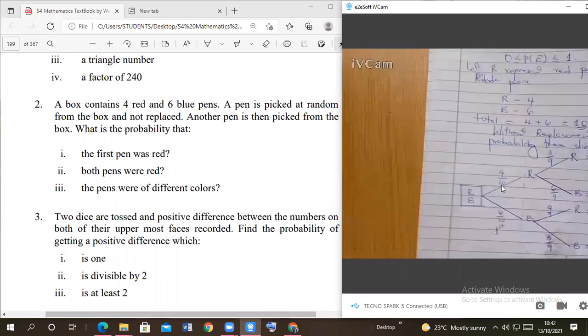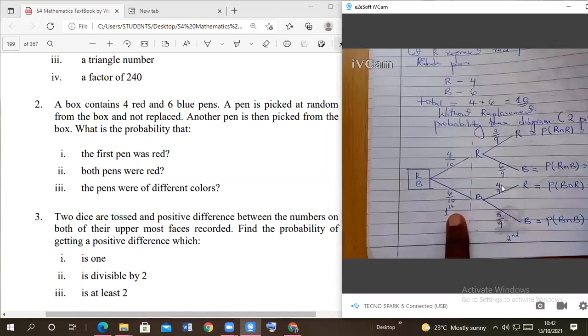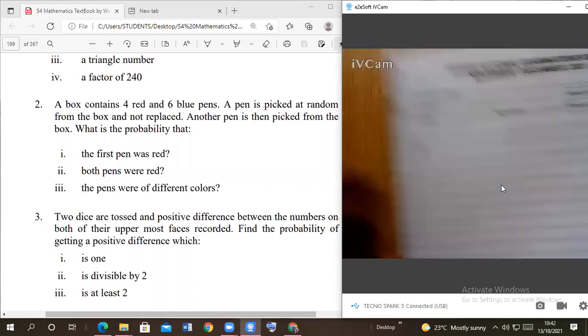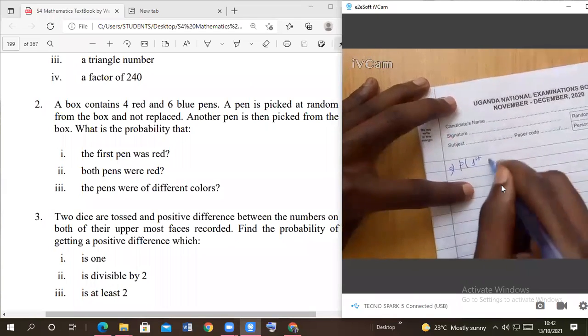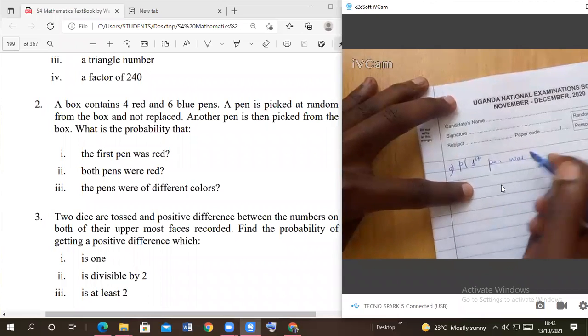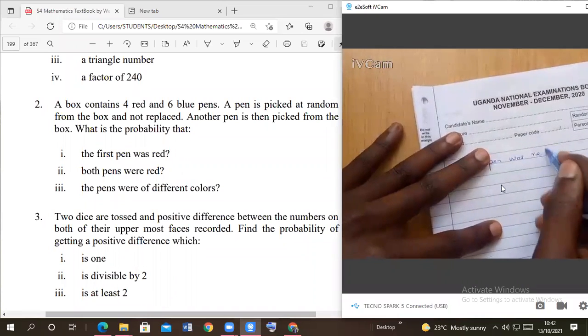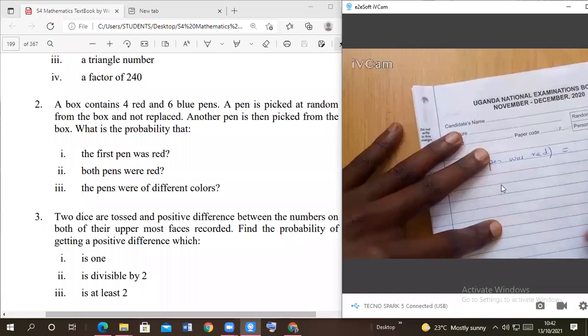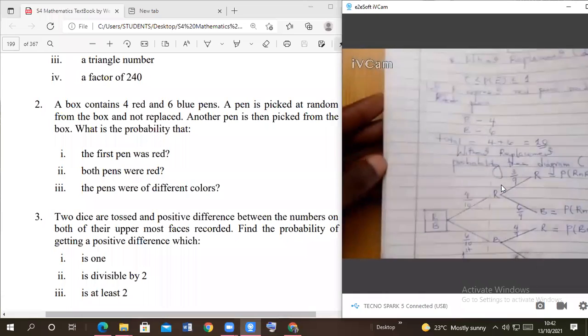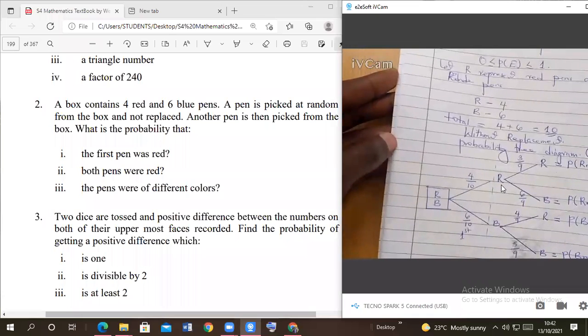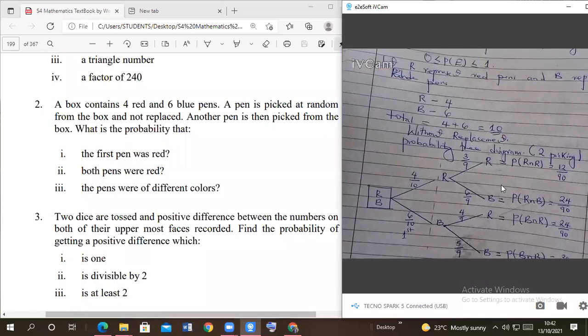So which means you come in the first picking here, because they want the probability that the first pen was red.